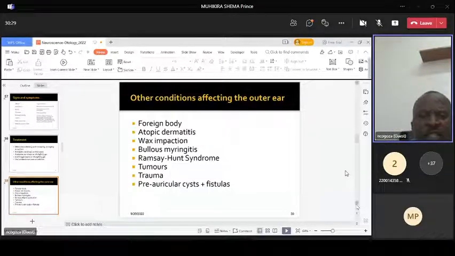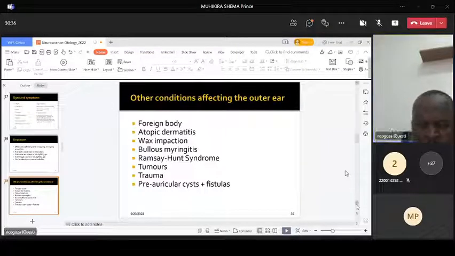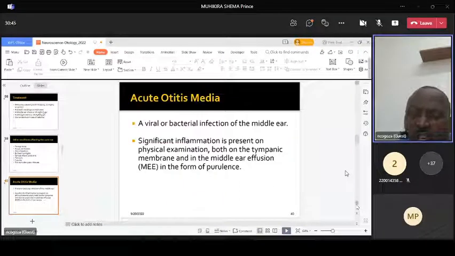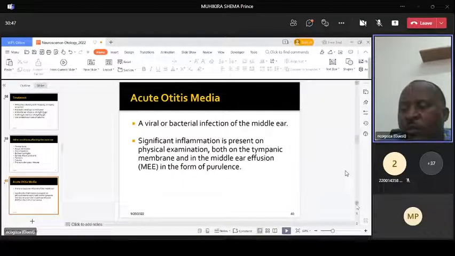All of those are things which are not infection, but which may affect the outer ear. So is it clear with otitis externa and other conditions affecting the outer ear?